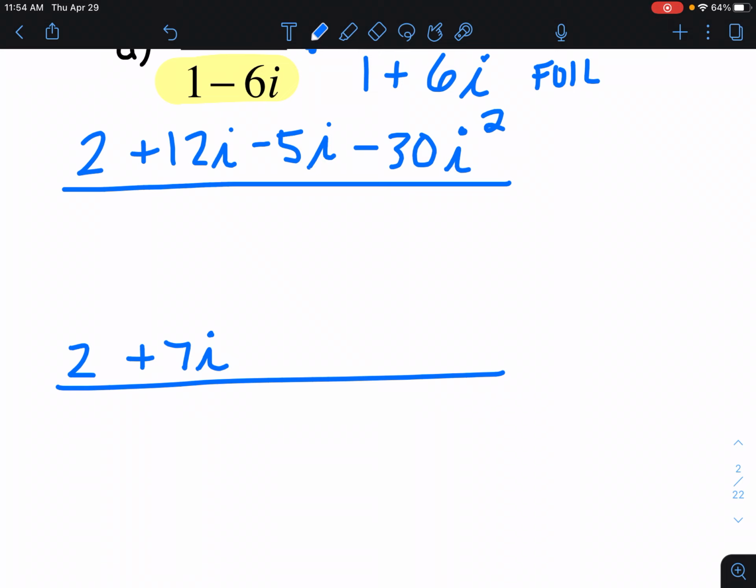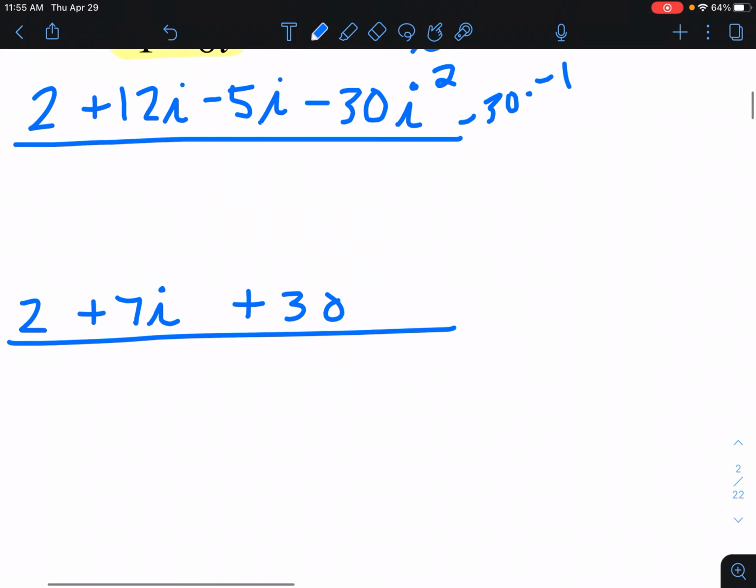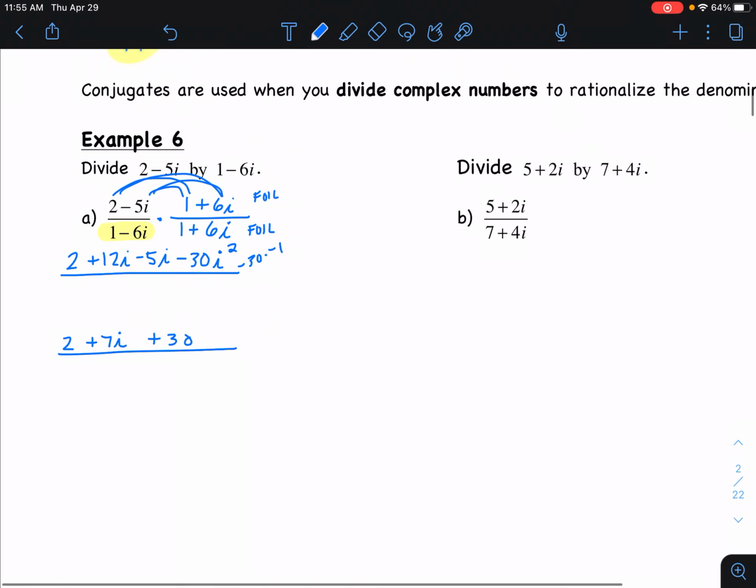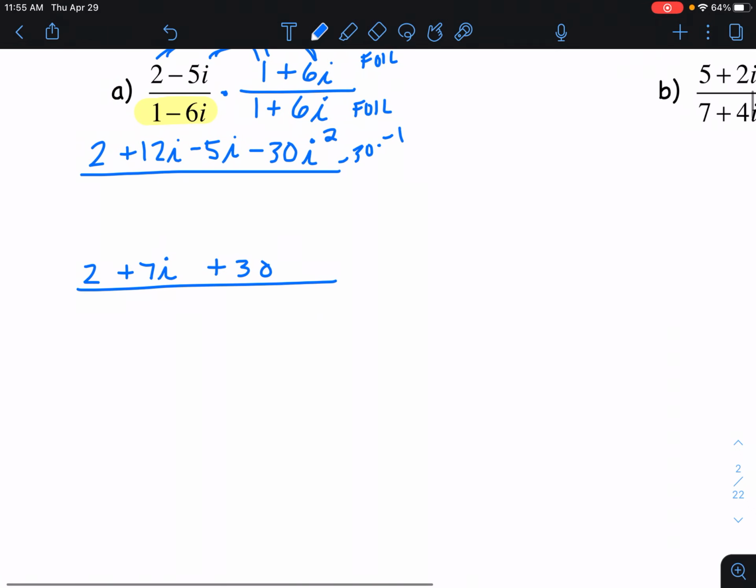And then this becomes negative 30 times negative 1. The i squared turns into negative 1, which will be plus 30. And then we can add the 2 plus 30 together to make 32 and carry over the plus 7i.